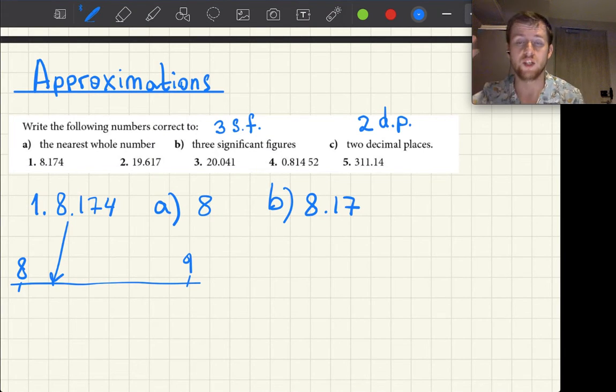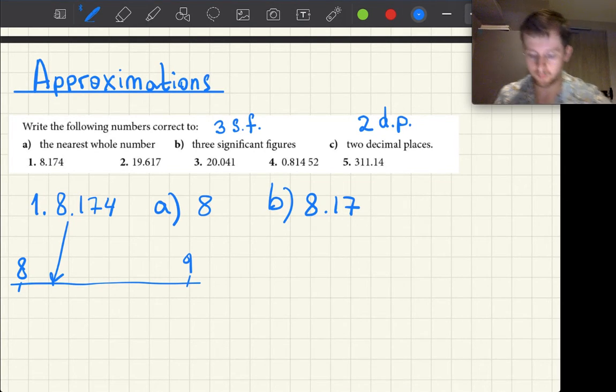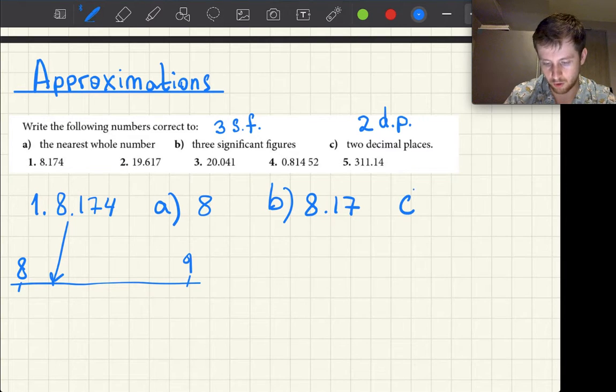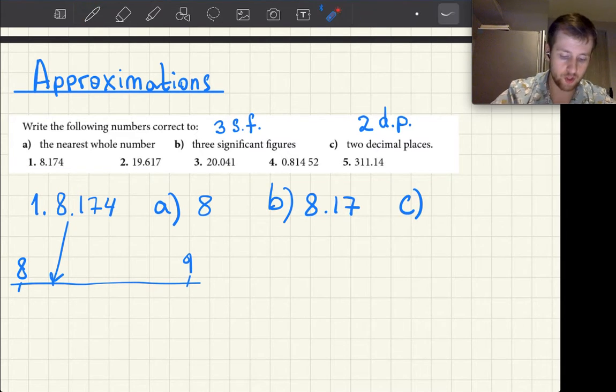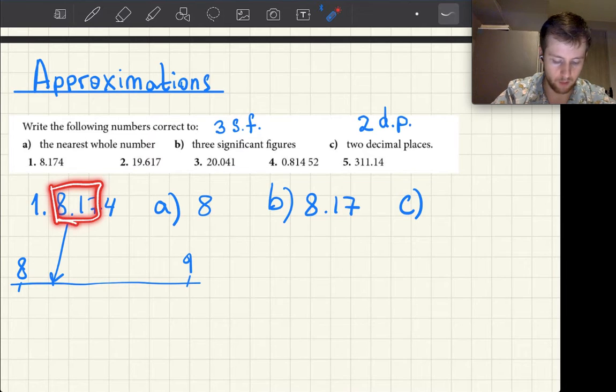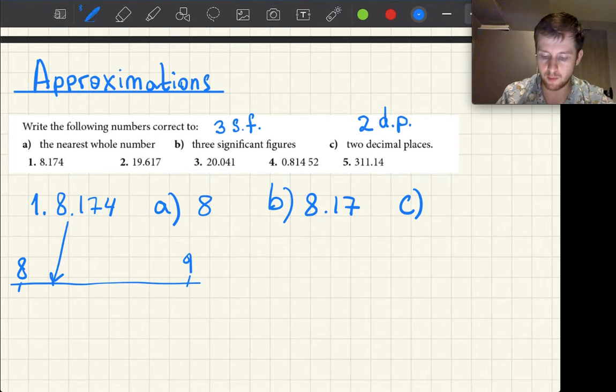DP is the abbreviation for decimal places. So two decimal places: that's the first decimal place, and this is the second, 1, 2. If you round it like this, it's going to be 8.17 to two decimal places.